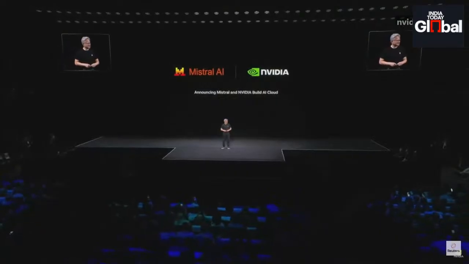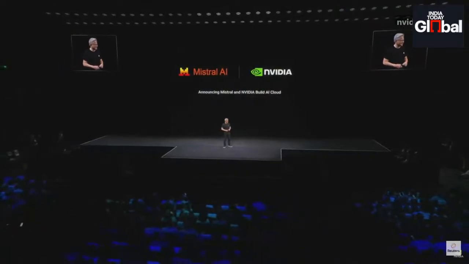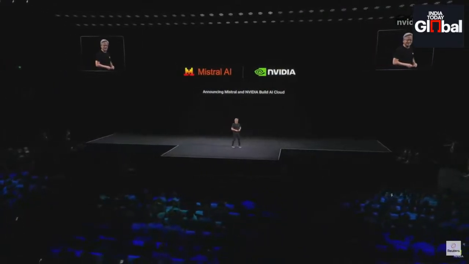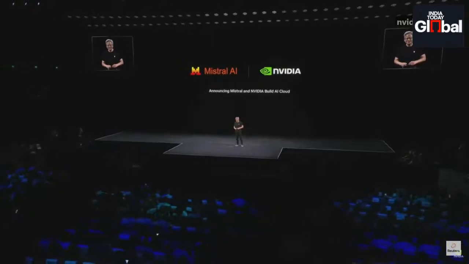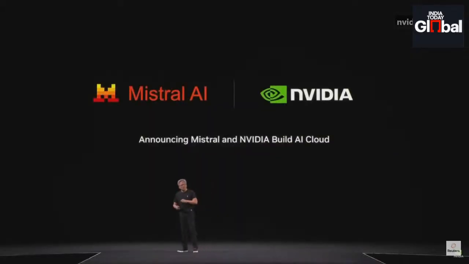Today, we're announcing that we're going to build an AI cloud together here to deliver their models as well as deliver AI applications for the ecosystem of other AI startups so that they can use the Mistral models or any model that they like. And so Mistral and us, we're going to be partnering to build a very sizable AI cloud here, and we'll talk about more of it later on today with President Macron.